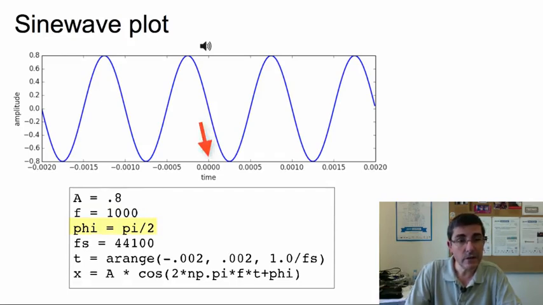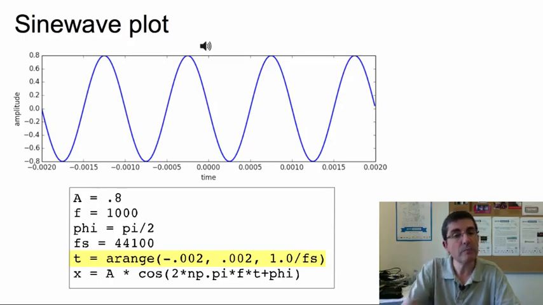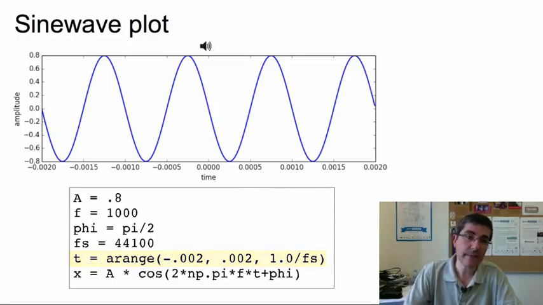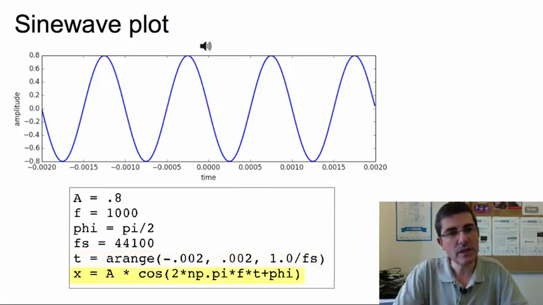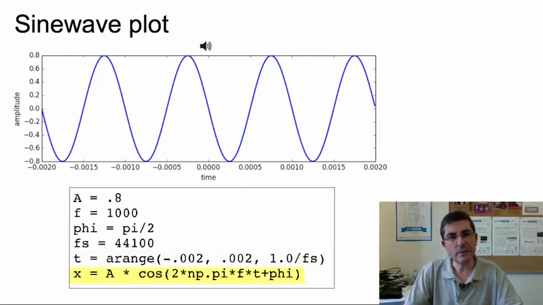And then in order to generate the function, we need to generate a time array, which is all the time that we will be displaying. So small t is an array that goes from minus 0.002 seconds to 0.002 seconds, but of course sampled at the sampling rate fs. And this is the equation that we actually type into Python to generate the sine wave.